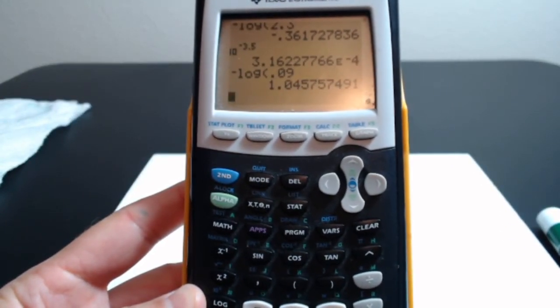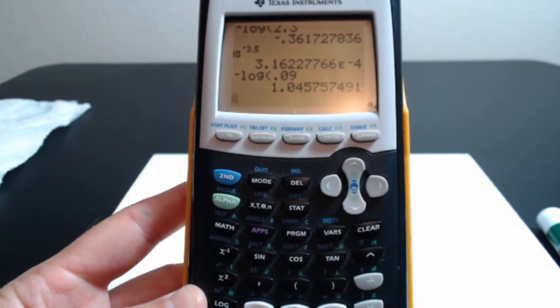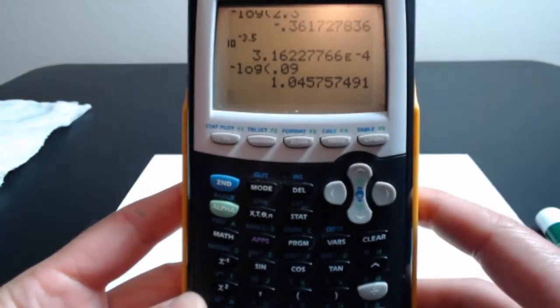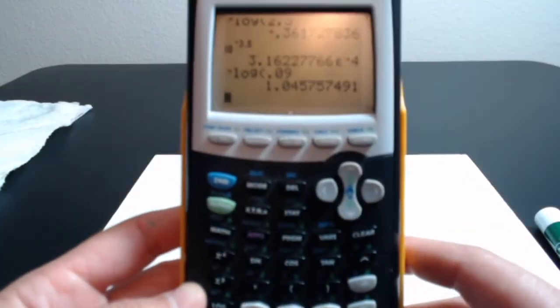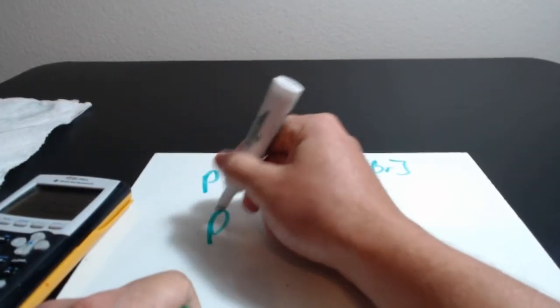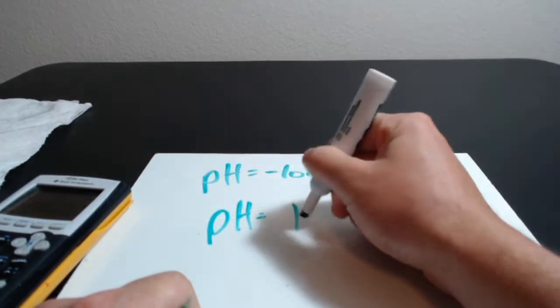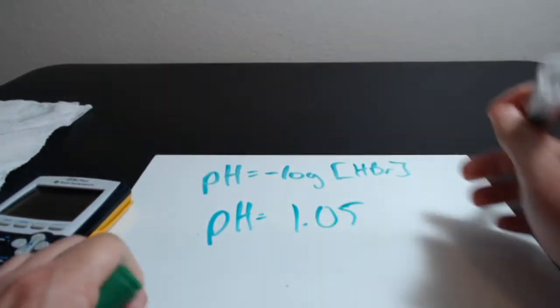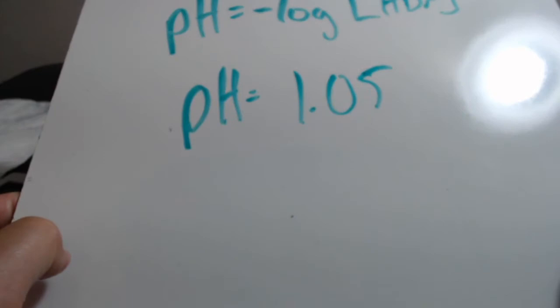What do we get? 1.045. I'm not going to really worry about sig figs here. I would probably say that pH is equal to 1.05. There you go.